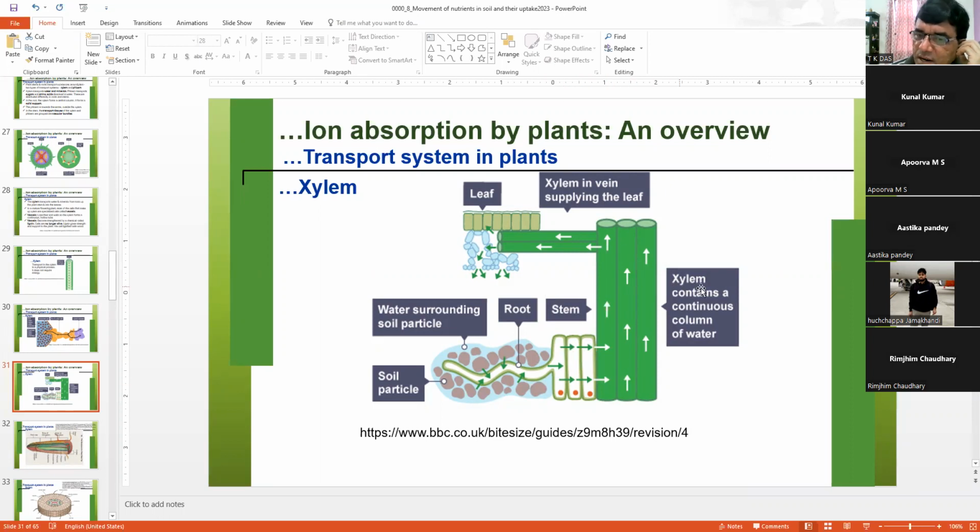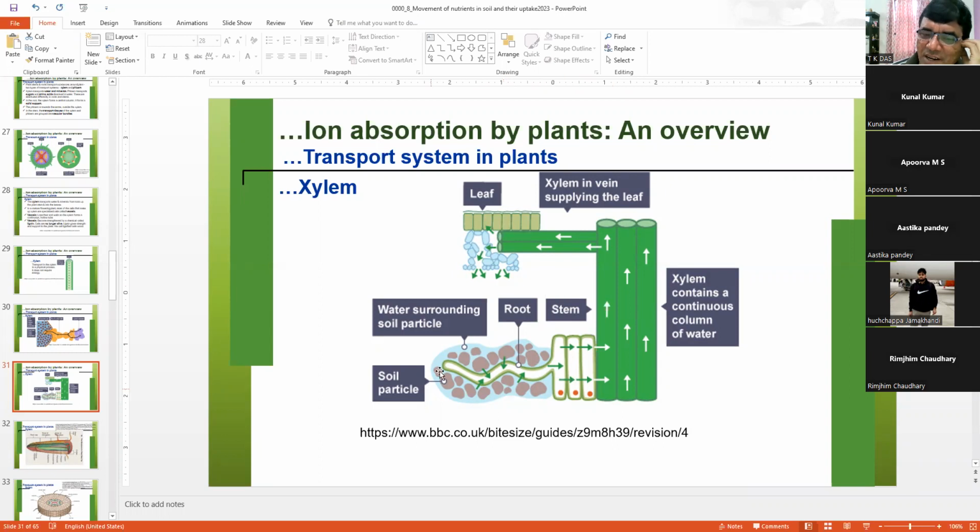Xylem contains a continuous column of water. So here your nutrient will go, and then your branches may come, and your leaves may come on the stem. Then it can have lateral or side movement because the xylem is in continuity. Then again you will have branches and then leaves. So it will go up to the leaves, and leaves also have xylem.